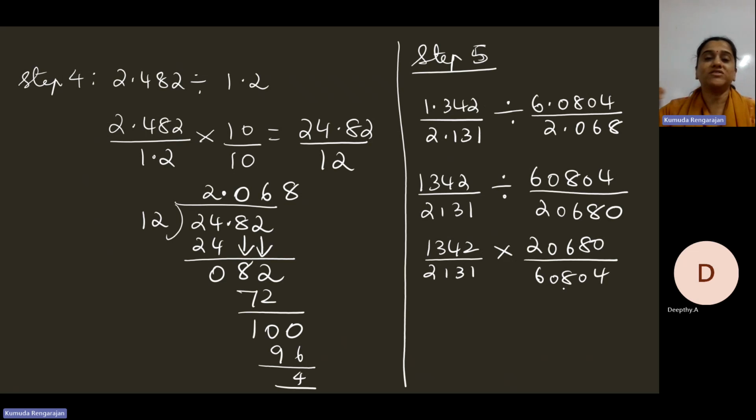Then you should do the long division and write the answer as a mixed fraction. If it's an improper fraction, then mixed fraction. If it's a proper fraction, just leave it.